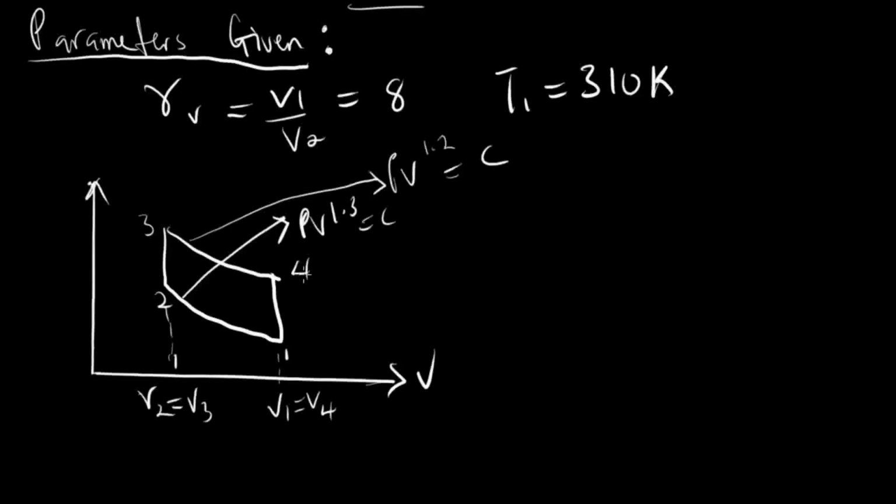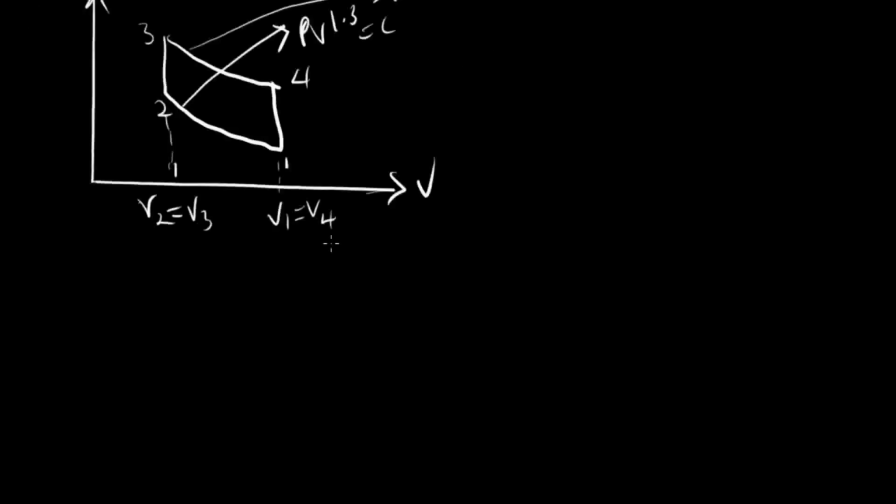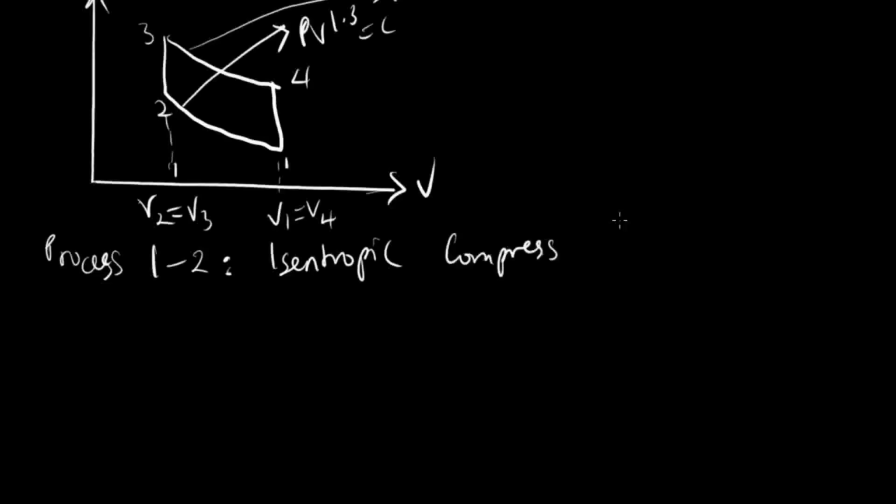When I was explaining the PV diagram, we listed the processes involved, the process 1 to 2, which is the isentropic compression. Isentropic compression.